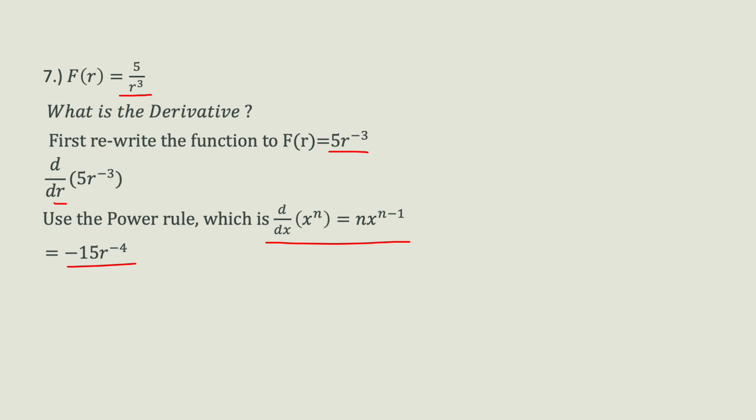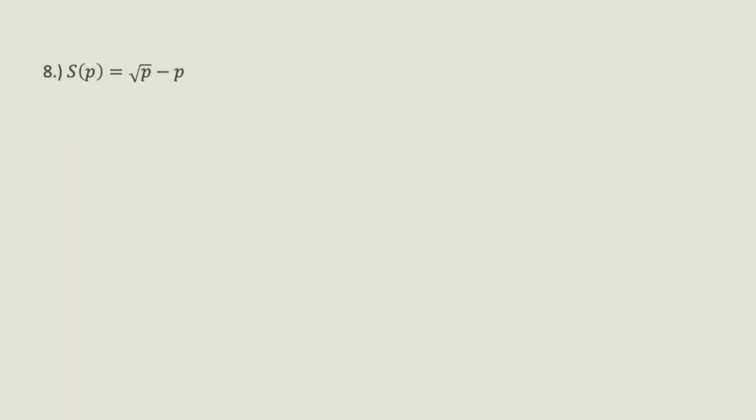I hope that helps. So we'll go to the last problem, problem number 8. Problem number 8 is a little different. We have the square root of something. So we have s of p equals the square root of p minus p.